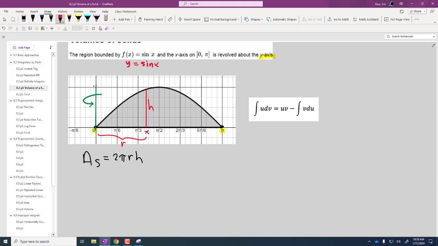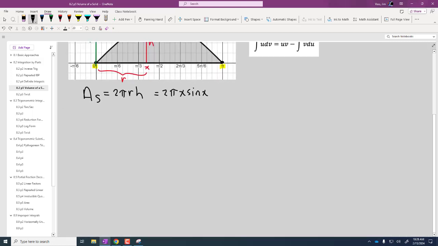So the area of our shell is 2 pi x sine x. That looks more integration by parts-ish. So the height is sine x. The radius is the distance from the axis of rotation over to your representative element. Your representative rectangle is sitting there at x. So the radius is given by x.